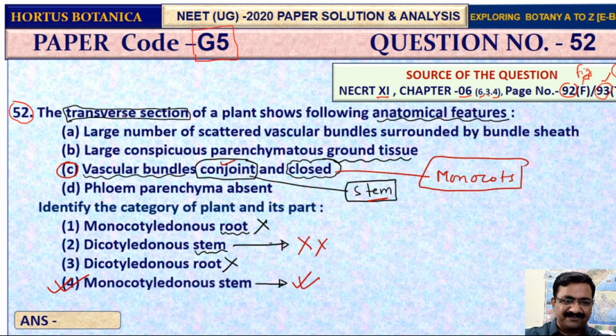Just see. Now come to the point. What does the first option state? That vascular bundles are scattered, surrounded by a bundle sheath, right?